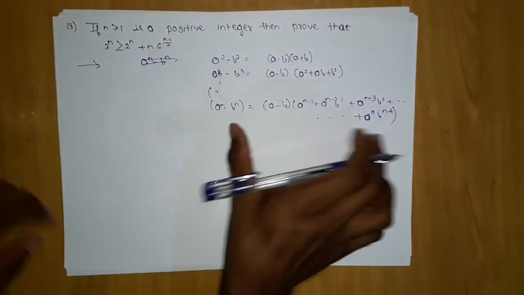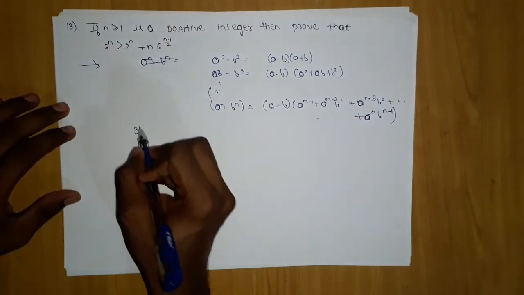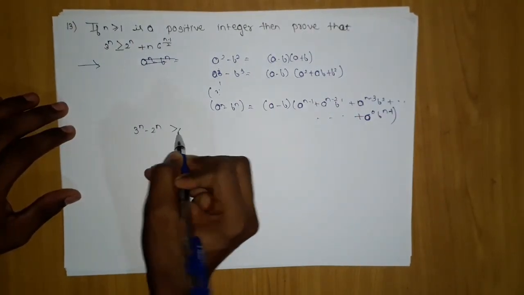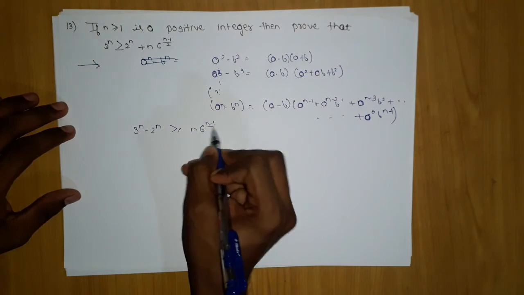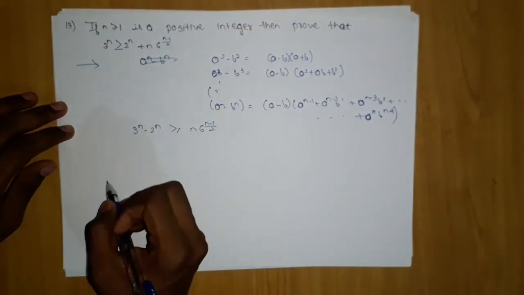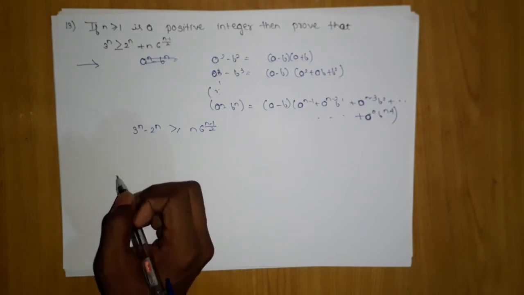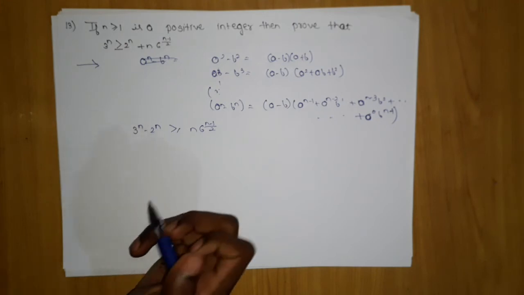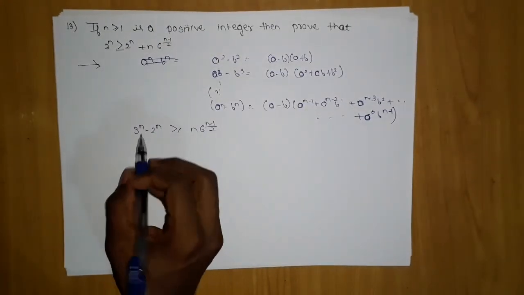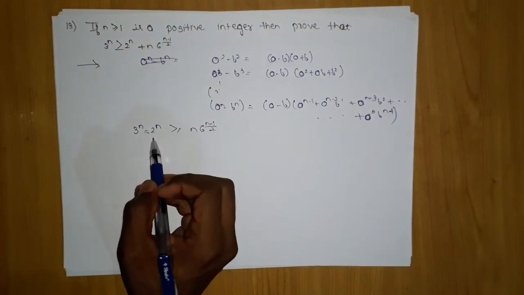So if you know this, then 3 power n minus 2 power n is greater than or equal to n into 6 power n minus 1 by 2. Now I know that this is nothing but just an expansion.